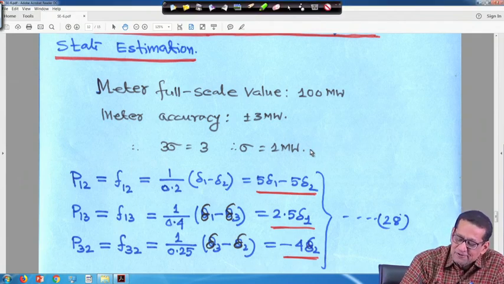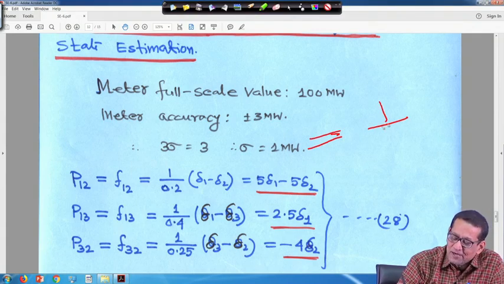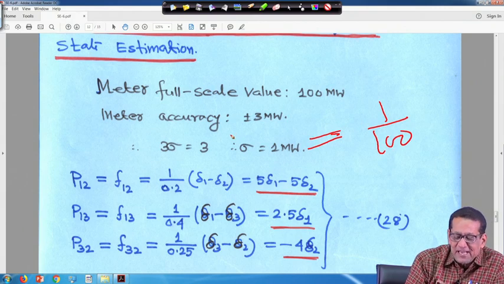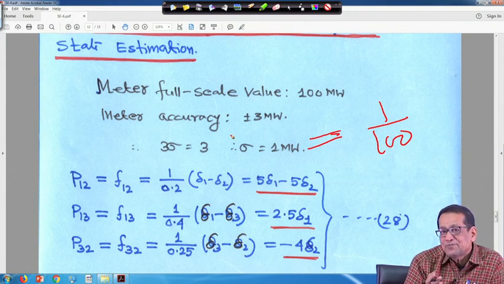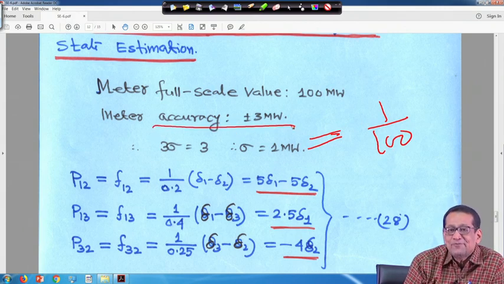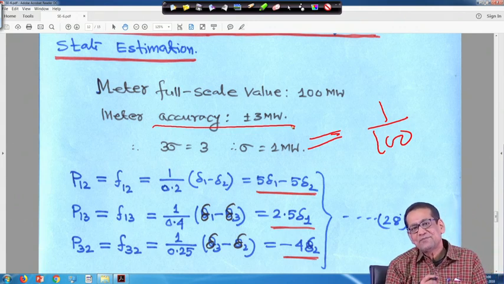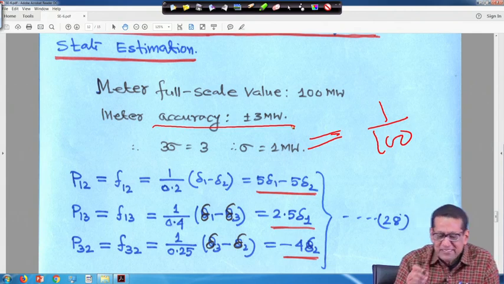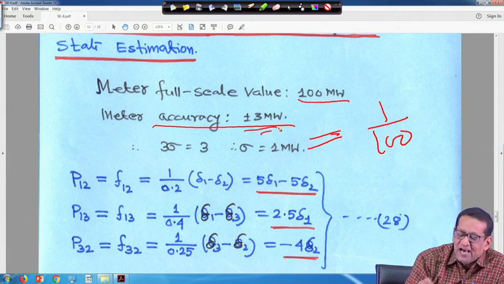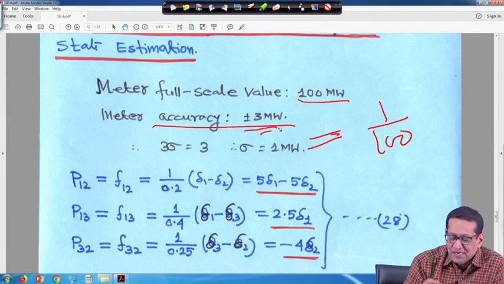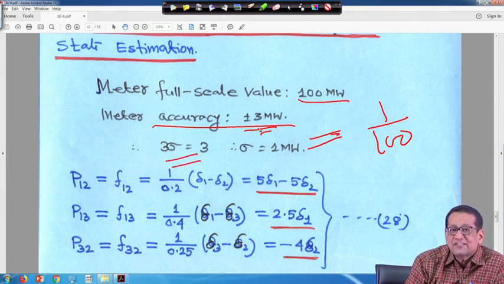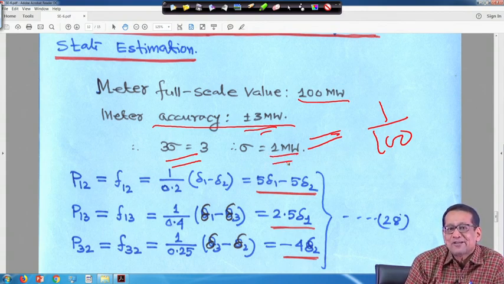So, this sigma is actually 1 upon 100, because of the meter accuracy. If you look into the meter, ammeter, voltmeter or another instrument, the meter accuracy will be given as, say, plus minus 3%. If it is given in percent, that means it is in per unit. But if the meter's full scale value is 100 megawatt and it is given as plus minus 3 megawatt, that means 3 sigma is equal to 3, but we will take only sigma is equal to 1, because in our case sigma square will come, right.